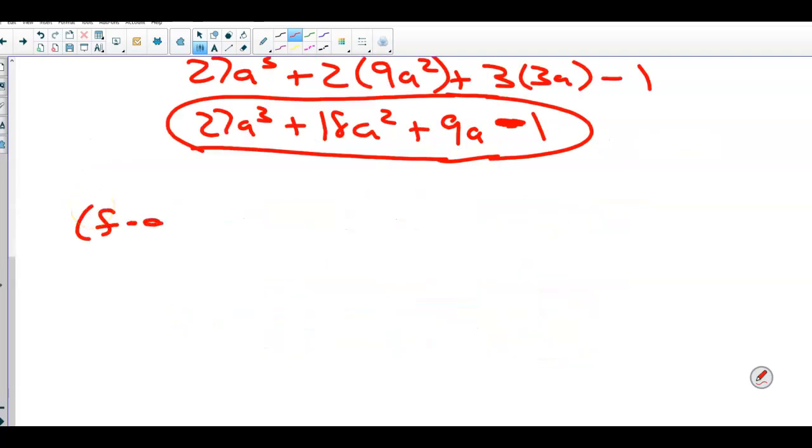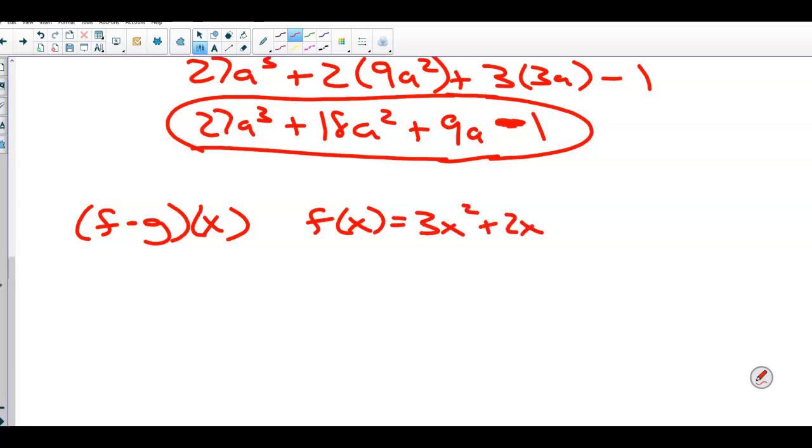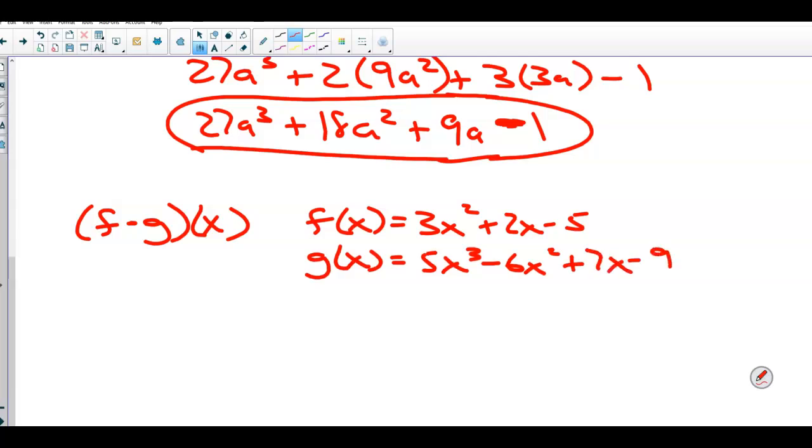So now for f minus g of x, we're left with f of x equals 3x squared plus 2x minus 5. We're left with g of x equals 5x cubed minus 6x squared plus 7x minus 9. And if we're subtracting, it's f minus g.